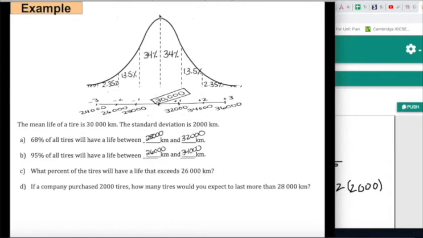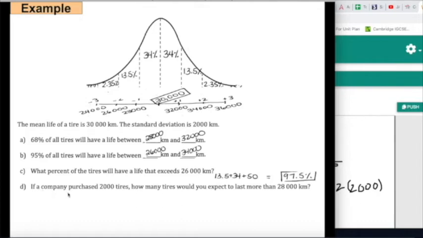We know that the normal distribution has a symmetrical bell shape, so this half is equal to 50%. This is 50% plus 34% plus 13.5%, which is equal to 97.5%. That is the area representing the tire life that exceeds 26,000 kilometers.